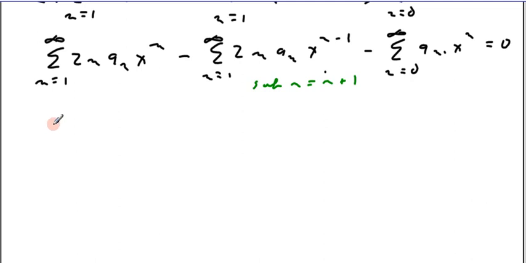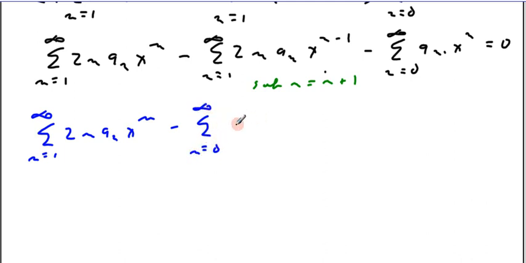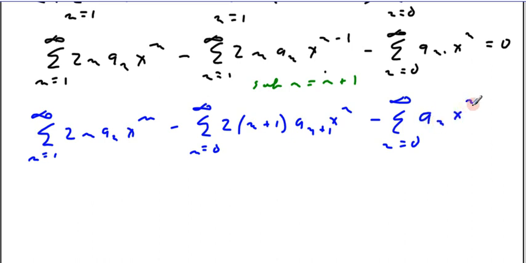And I'm going to get summation n equals 1 to infinity 2n a n x to the n, minus summation n equals 0 to infinity 2(n plus 1) a n plus 1 x to the n, minus summation n equals 0 to infinity a n x to the n is equal to 0.